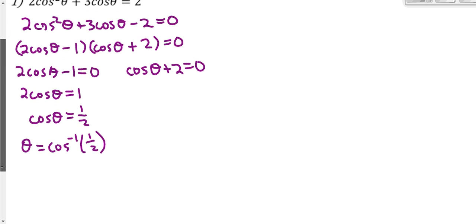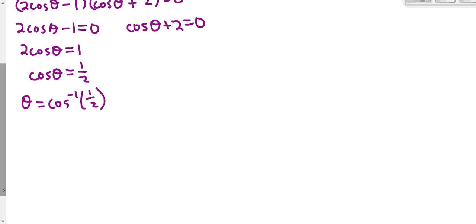So we will have multiple solutions because there are multiple quadrants that give us a positive cosine value. We get a positive cosine value in quadrant 1. So we would have a 1 and a 2 for adjacent and hypotenuse. So the opposite side would be square root 3. So we know this is a 60-degree angle. And then cosine is also positive in quadrant 4.